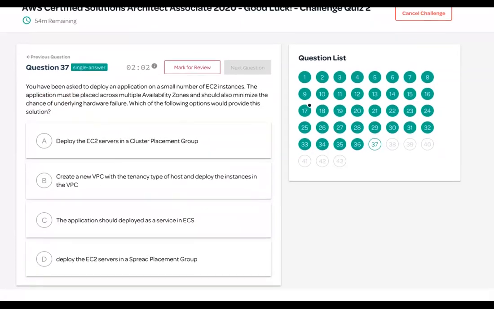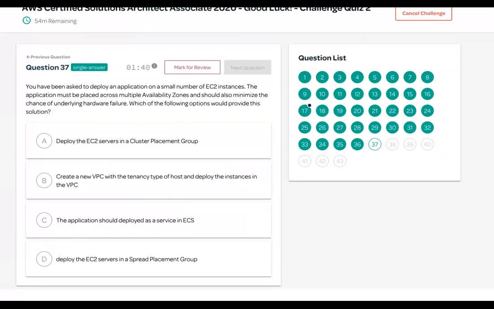You have been asked to deploy an application on a small number of EC2 instances. The application must be placed across multiple availability zones and should also minimize the chance of underlying hardware failure. Which of the following options would provide this solution?